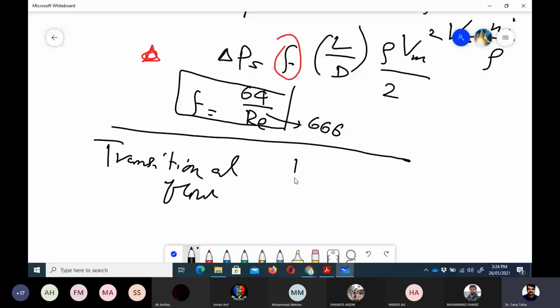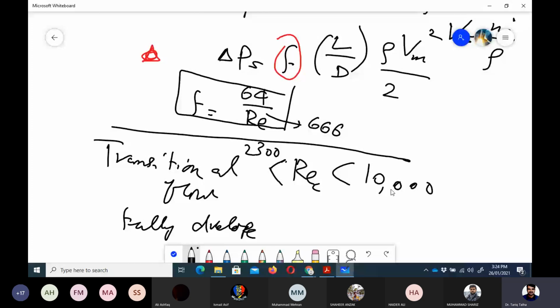When Reynolds number is less than, I think, 10,000 but greater than 2300. Fully developed, we usually take it. This 10,000 can also be taken as 4,000, but because in the book it is 10,000, that's fine. So for turbulent flow, Reynolds number would be greater than 10,000.